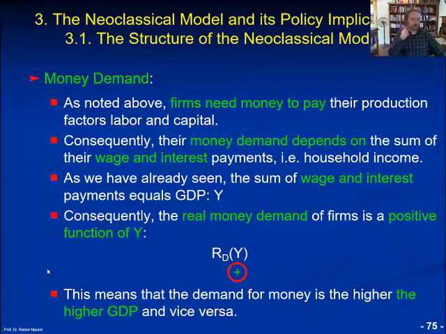Since the holding of money causes opportunity costs in terms of foregone interest, it would be justified to add the interest rate into this function as a negative argument. We will, however, for simplicity, neglect this potential impact of the interest rate. It does not qualitatively affect the results, but simplifies our analysis.